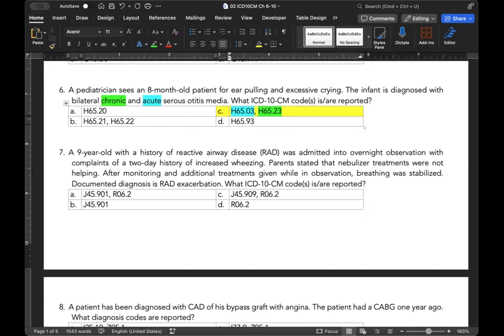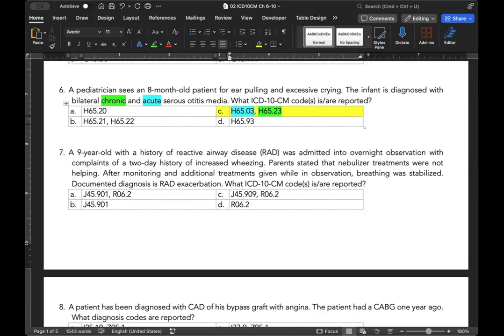So what's our condition? We're going to look up disease. If you know that reactive airway disease is also asthma, then you can go directly to asthma.